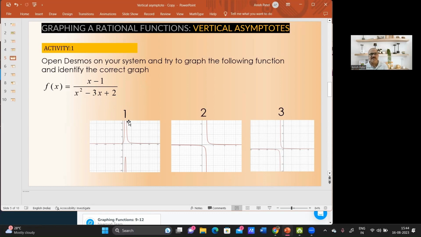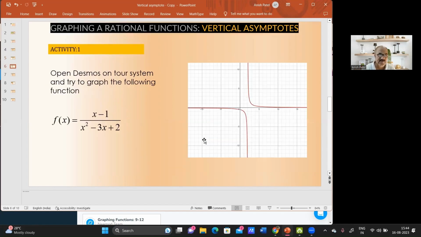You can reply in chat whether it is number 1, number 2 or number 3 as per your graph. Which graph matches your graph? Okay, Harris, it's number 2. Jim, number 2, very good. Elena, number 2. All of you are saying number 2. Let's see what the answer is. Yes, it's graph number 2.